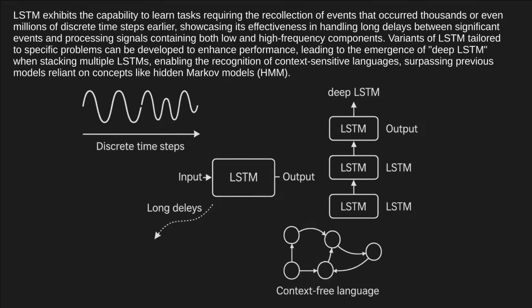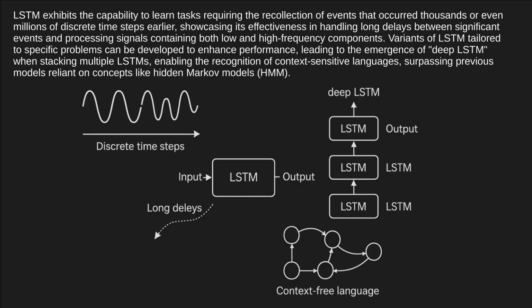LSTM exhibits the capability to learn tasks requiring the recollection of events that occurred thousands or even millions of discrete time steps earlier, showcasing its effectiveness in handling long delays between significant events and processing signals containing both low and high-frequency components.